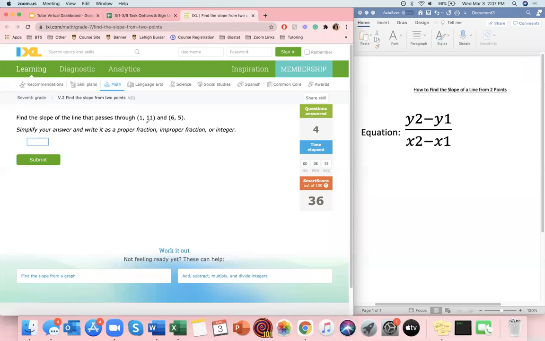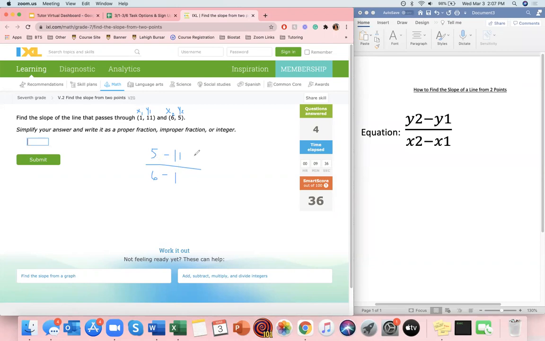Find the slope of the line that passes through 1, 11 and 6, 5. x1 would be 1, y1 would be 11, x2 would be 6, and y2 would be 5. So y2 we said was 5 minus y1, 11, over x2, which is 6, minus x1, which is 1.